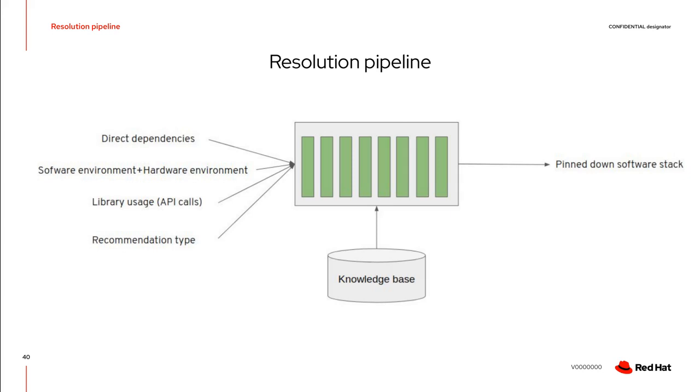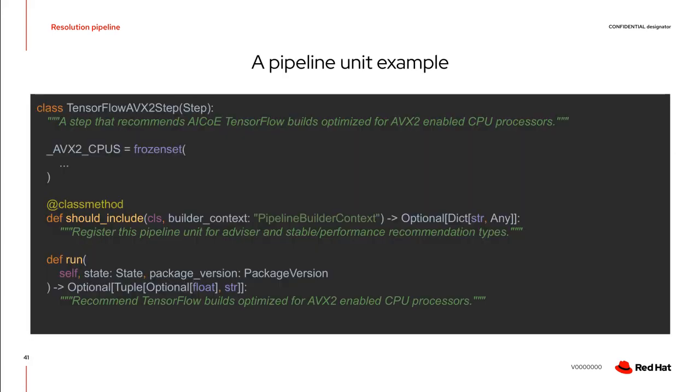So if a user wants to use secure or performant software, these are input vectors into the resolution pipeline that is created out of units. And then together with a resolver and predictor, pinned down software stacks are created considering knowledge that we have about these packages.